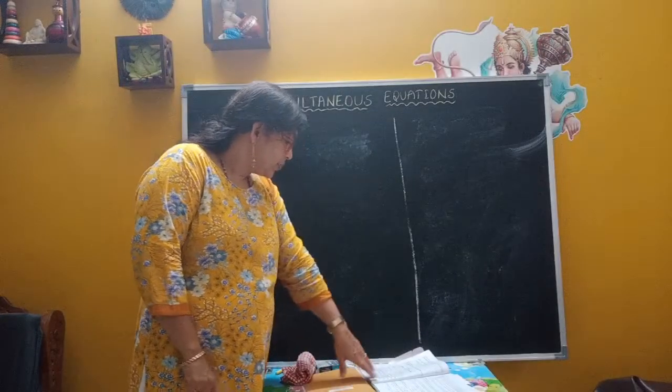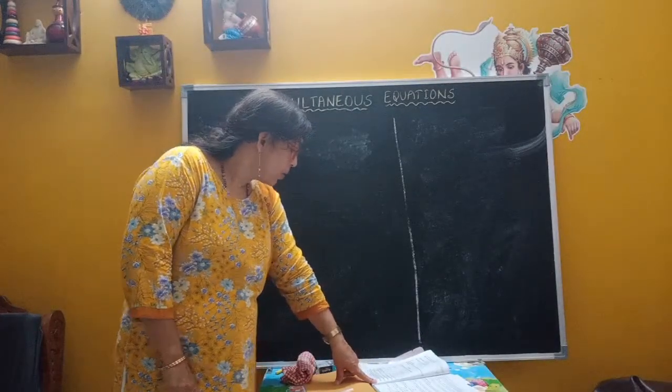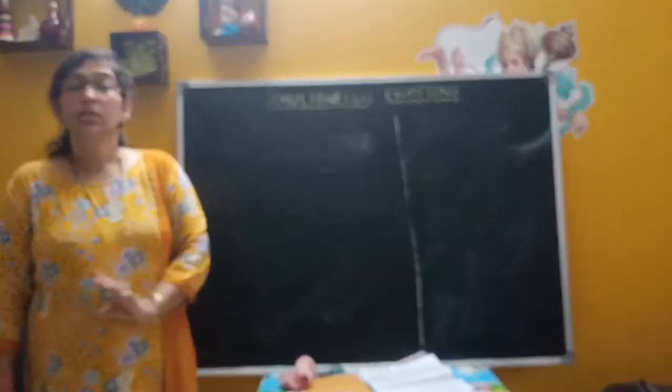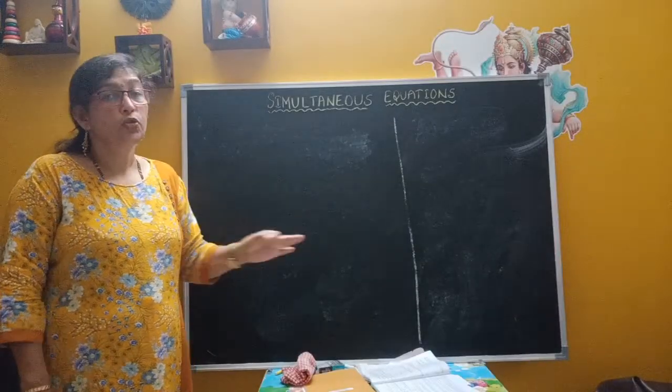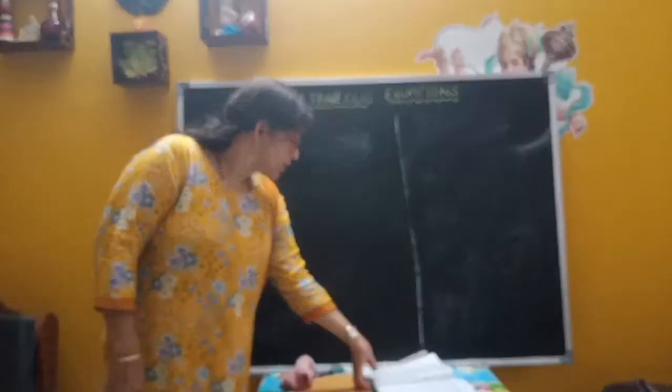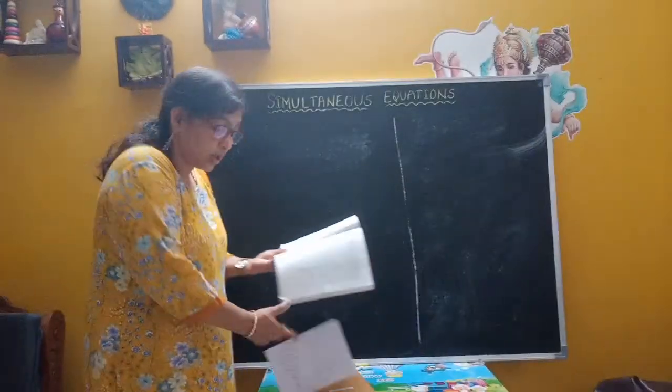Now let me explain with a statement problem or word problem. In this you will be learning how to frame the equation as well as how to solve it. So the first one I take is third main.